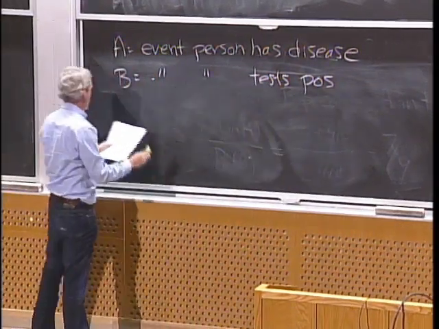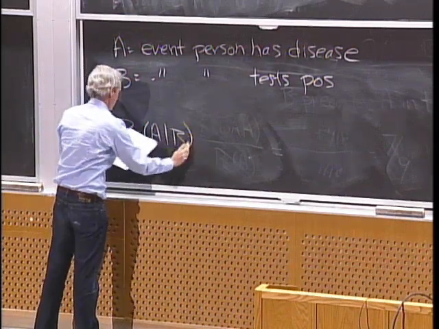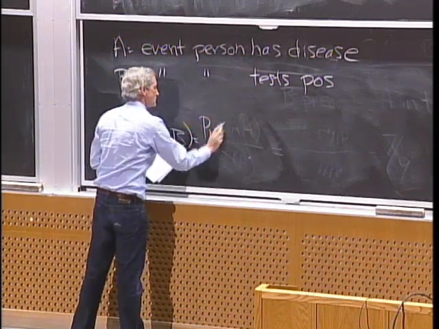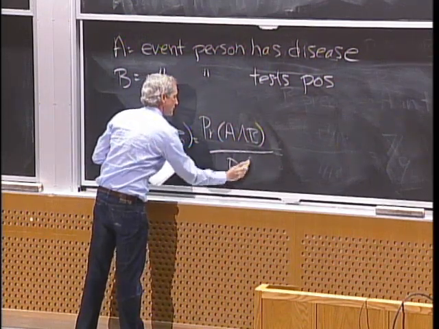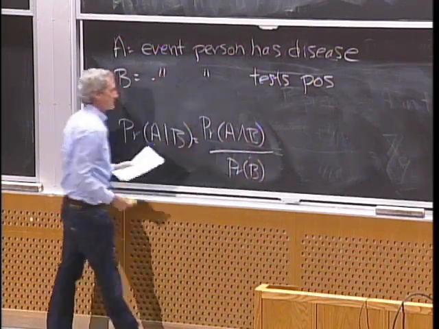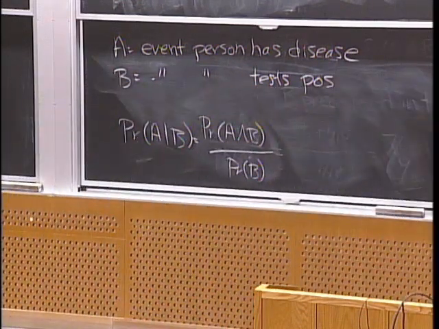And of course, what we want to know is the probability you have the disease given that you tested positive. And that's just the probability of both events divided by the probability of testing positive. So let's figure that out by drawing the tree.